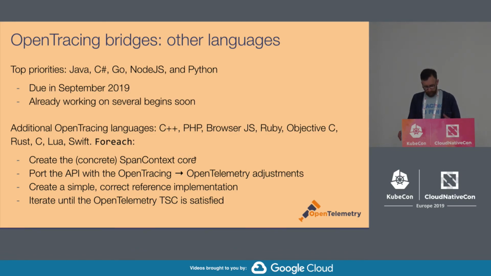One thing I would mention about OpenCensus is that they've made an effort to write really high throughput, high quality implementations of the API in OpenCensus. We want to write correct reference implementations as soon as we can for these languages.